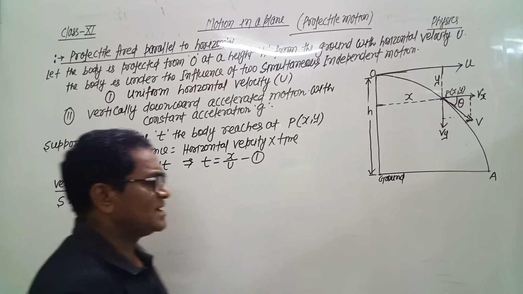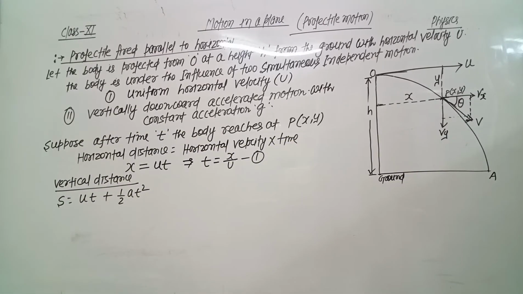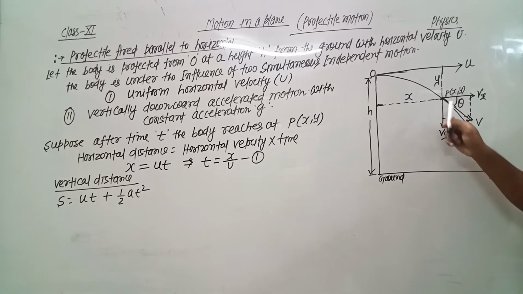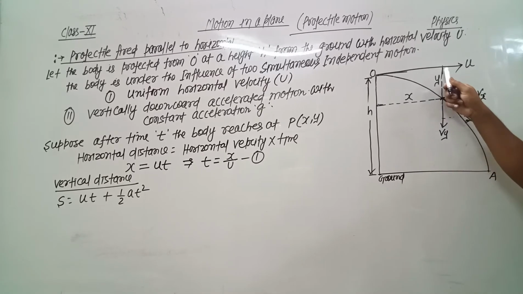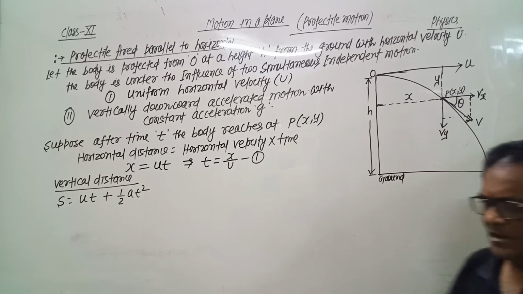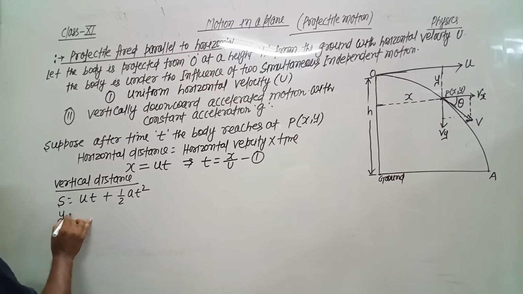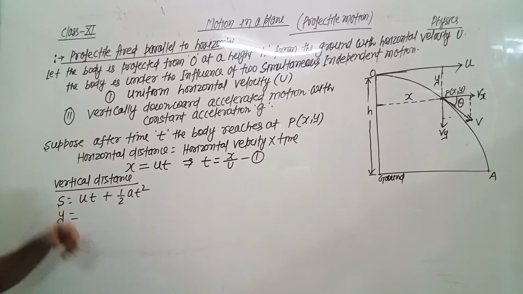And s is the distance travelled by the particle or the projectile. And when the particle reaches point P, the vertical distance travelled by the particle is y. So in place of s, we put y.